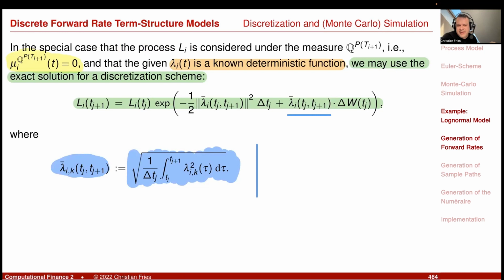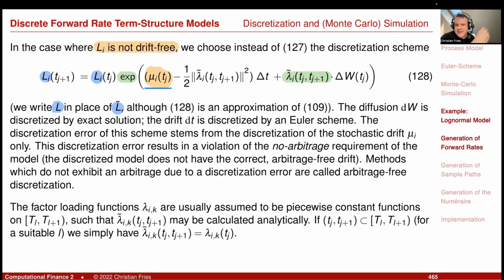You may think that this is a very special property, that our diffusion model is such that I can calculate this integral analytically. But what is very popular in practice and application is to just assume that my lambdas are piecewise constant.